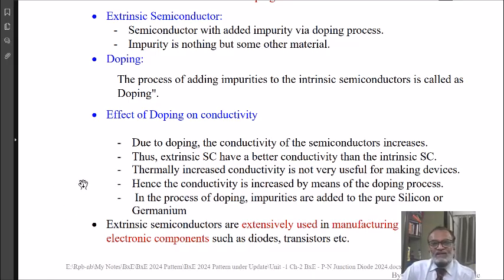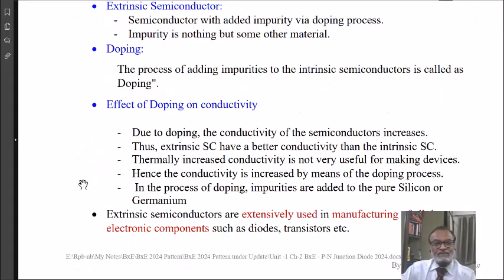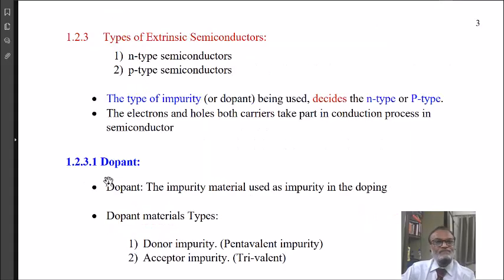Hence, the conductivity increase by means of the doping process is the major charge carrier generation process in the semiconductor. The extrinsic semiconductors are extensively used in manufacturing all electronic components such as diodes and transistors.